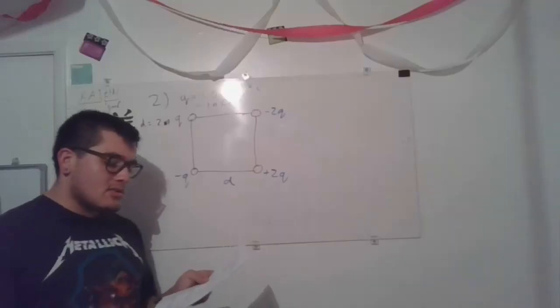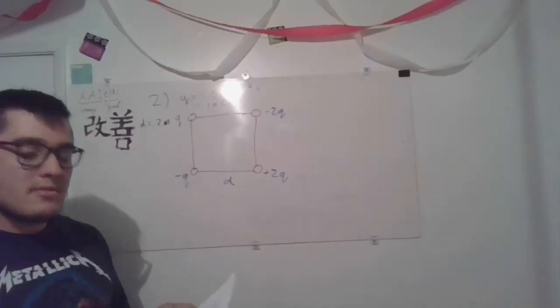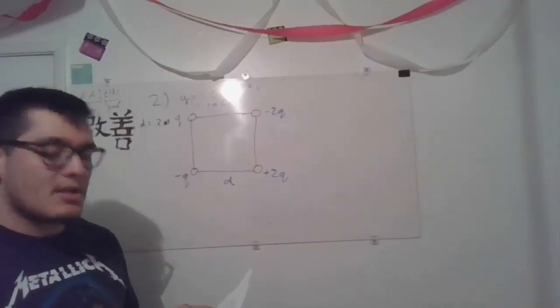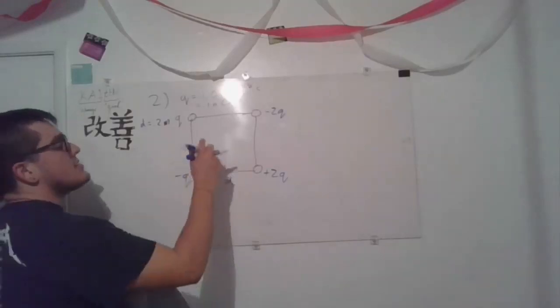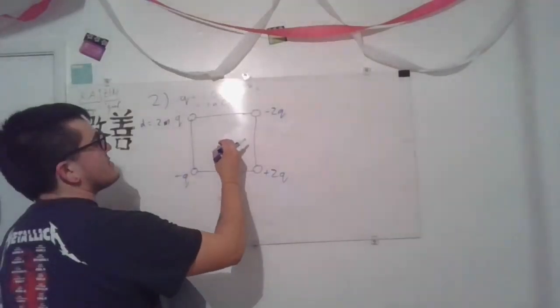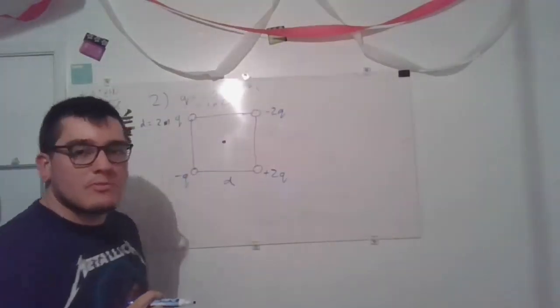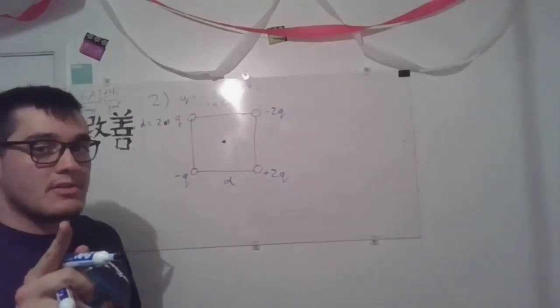Now they want to know, what is the electric field in magnitude and direction at the center of the square? So this is easy because it's square. So you can assume theta would be 45 degrees.